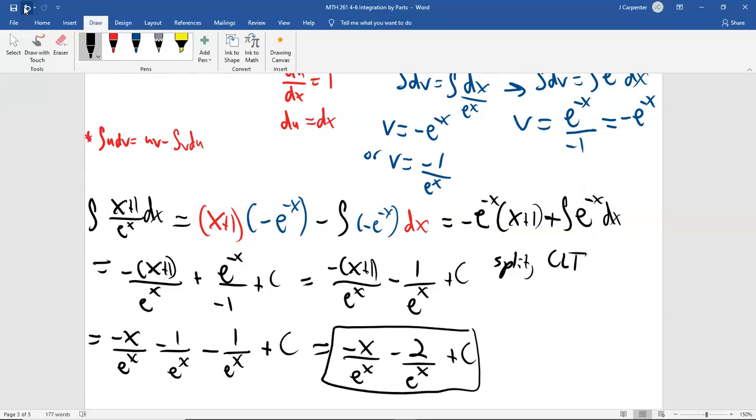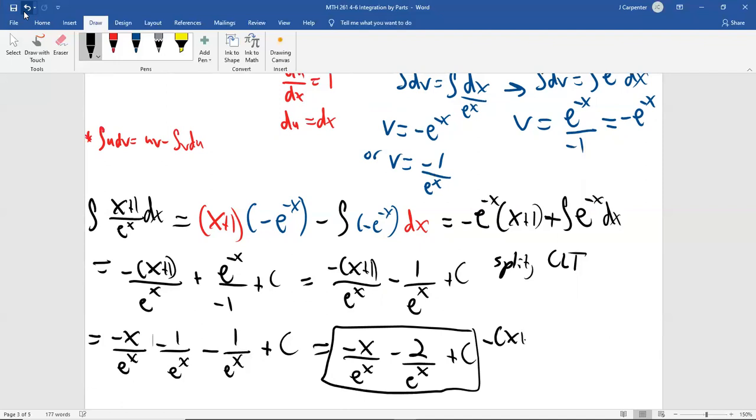Some people might recombine these and say, oh, well, they both have a factor of e to the x in the bottom. So we could do negative parentheses x plus 2 over e to the x plus c, or negative x minus 2 over e to the x, again, plus c. Let me give it a little more room because that was bad.